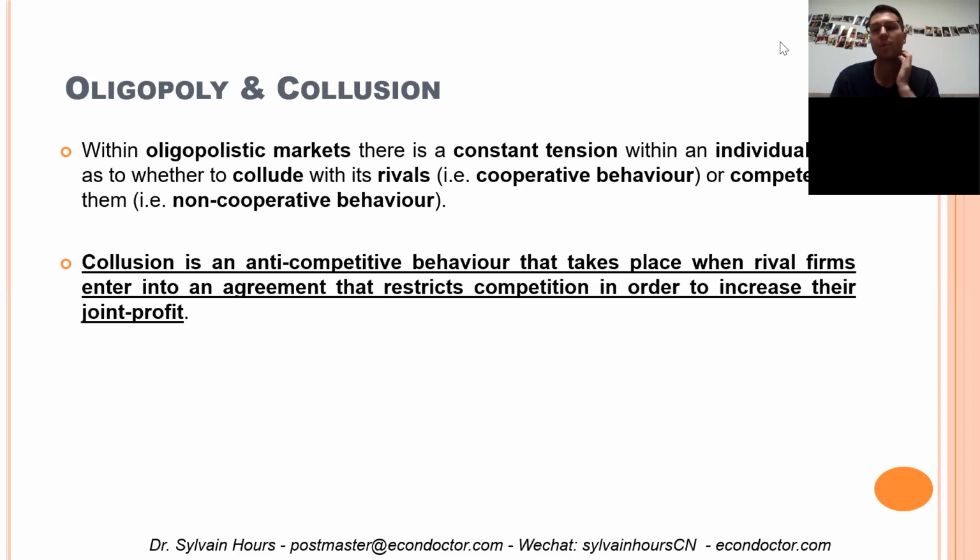But there is one argument that we could use to argue that collusion can actually benefit consumers, especially in the long run. The idea, just like price discrimination, is that since firms who collude are able to make more profit, they might be able to invest more in research and development.